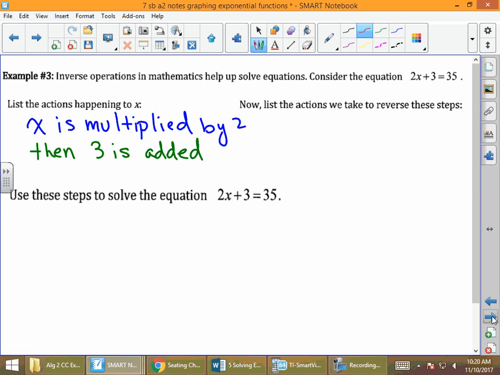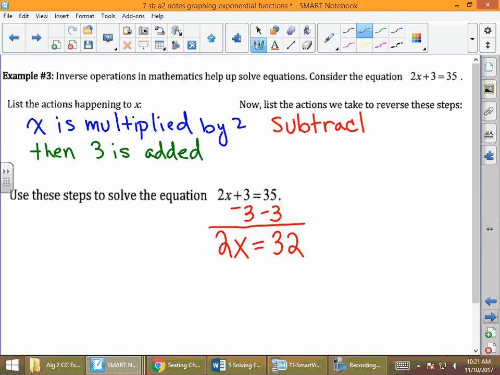When we have 2x plus 3 equals 35, Megan, let's subtract 3. So we get 2x equals 32. That's one of the actions that we did to reverse. We subtracted 3.